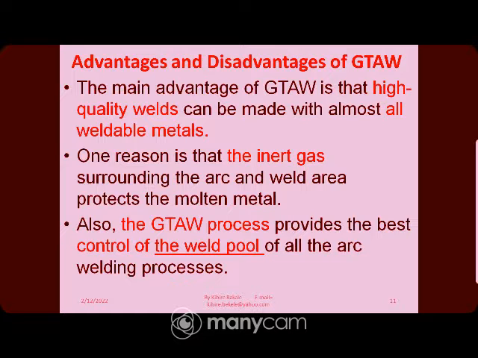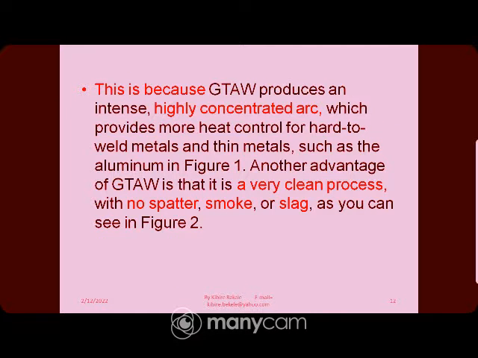Also, the gas tungsten arc welding process provides the best control of the weld pool of all arc welding processes. This is because it produces an intense, highly concentrated arc, which provides more heat control for hard to weld metals and thin metals.